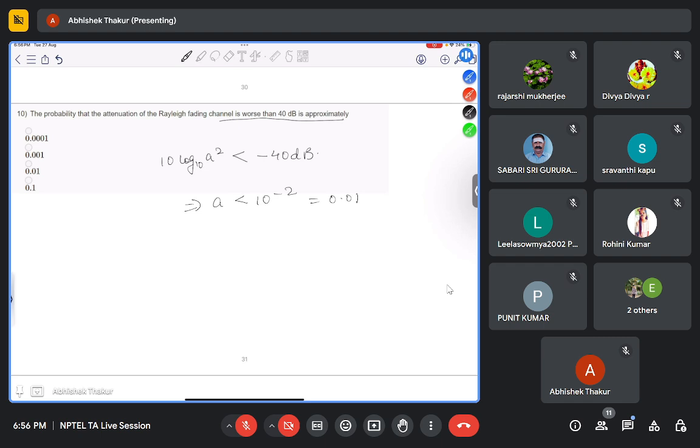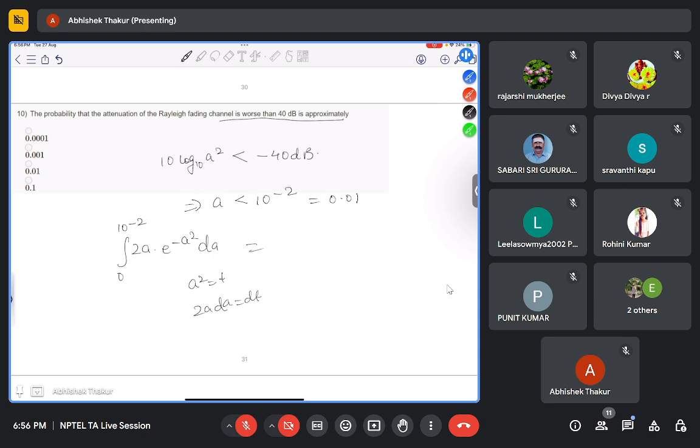In this question it is asking the probability that the attenuation is in the range 0 to 10 to the power of minus 2, where the density is 2a e to the power of minus a squared dA. So this we have to find. For this, let's assume a squared is equal to t, so 2a dA is equal to dt.